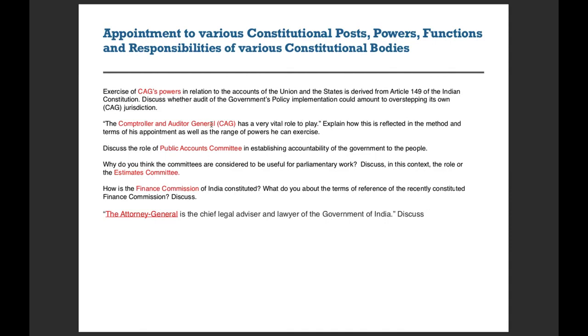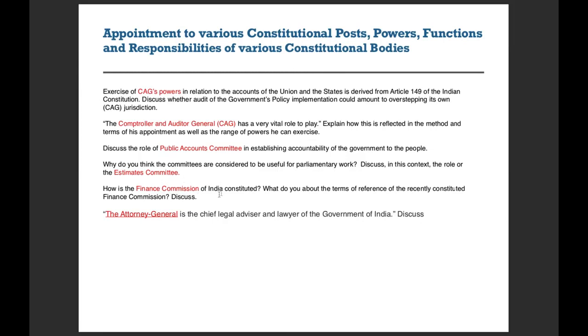And again, the CAG report is tabled in Parliament, which is reviewed by the Public Accounts Committee, and there are questions on the Public Accounts Committee. The next question is on the Estimates Committee, and how the committee system is helpful in parliamentary work. These kinds of questions are generally asked from very standard topics under these big topics which we need to understand.